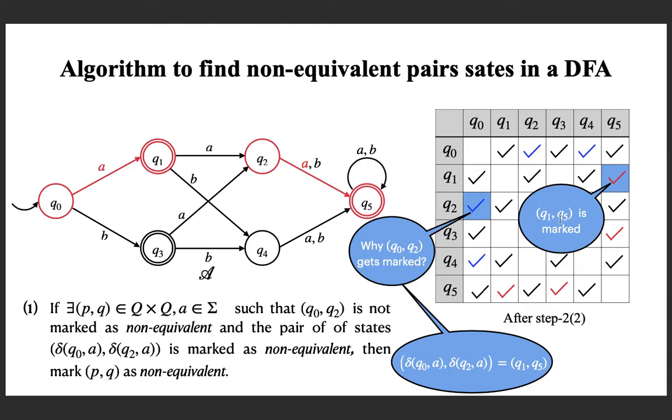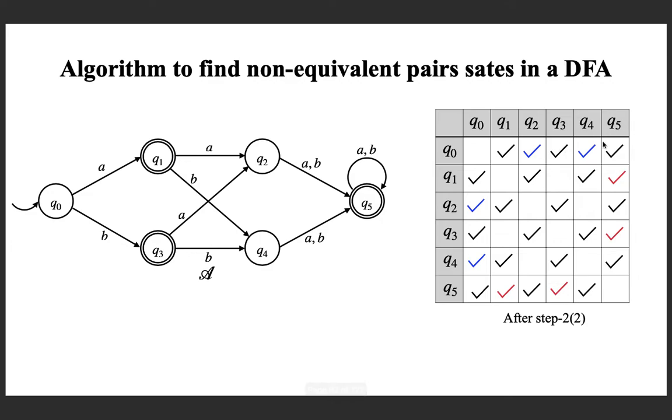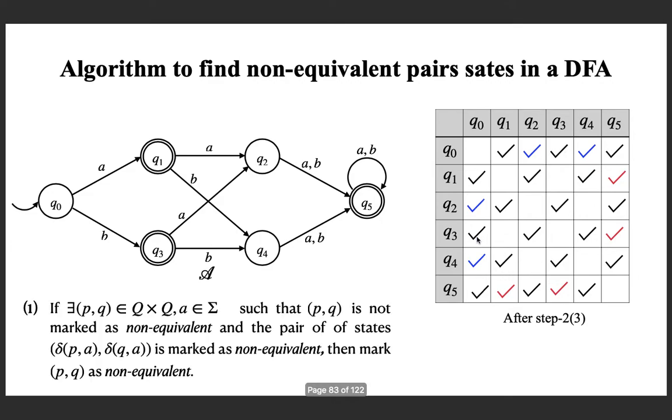So from Q0 Q2 on A you are going to Q1 Q5 which is already marked, and hence you are marking Q0 Q2 as well by applying the second step. You can verify how the other blue markings are done. You do it offline. Now you try applying this step again.